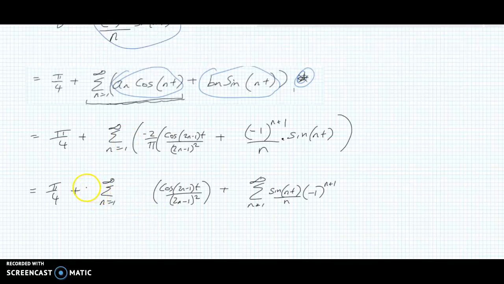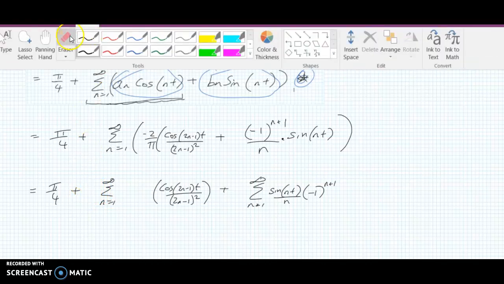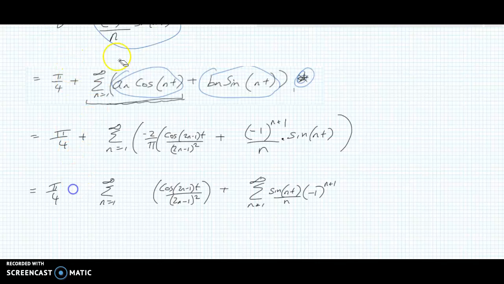I can erase the plus as well. And I get pi over 4 minus 2 over pi times sigma times this structure here, the sigma applies to this structure, plus a separate sigma, n equals 1 to infinity, of this structure here. And that's it done.